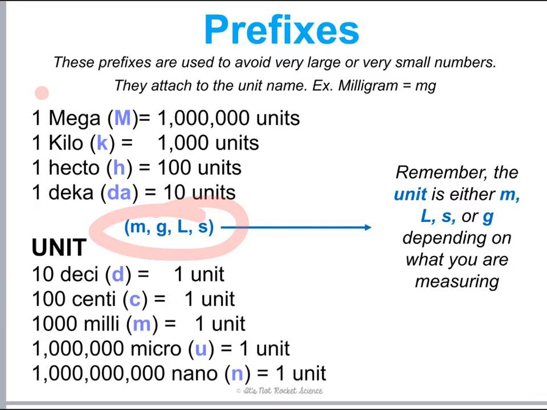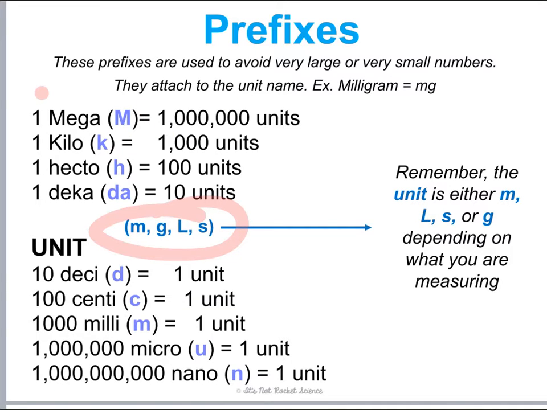And then you can add these prefixes to get multiples of 10. So like a decameter is 10 meters, a hectometer is 100 meters, kilometer is 1,000 meters, megameter would be 1 million.